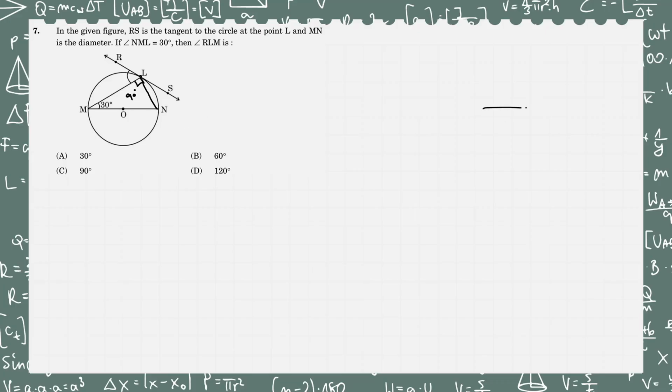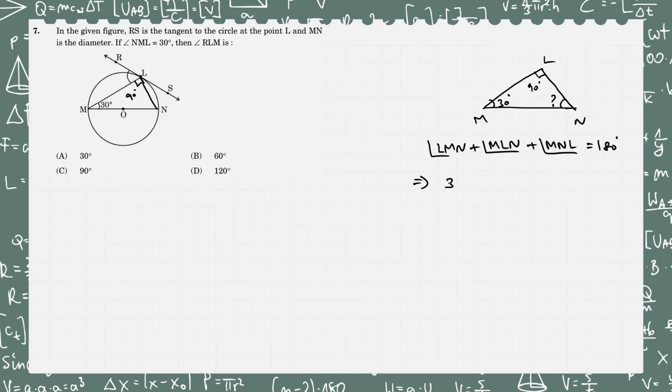Now I am drawing only the triangle we have here, that MLN triangle. Here it is 30 degrees given and this is 90 degrees, we already know that, and I want to know what this angle is. We can easily do that by applying the angle sum property. So angle LMN plus angle MLN plus angle MNL equal to 180 degrees by angle sum property.